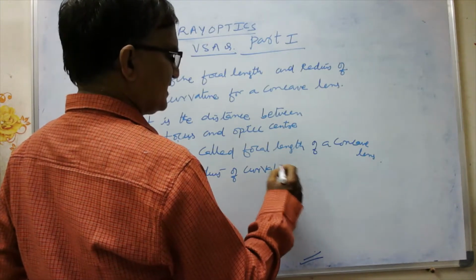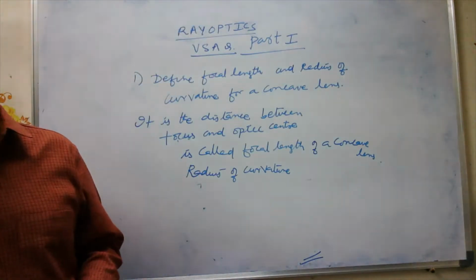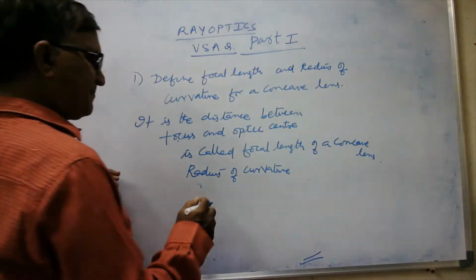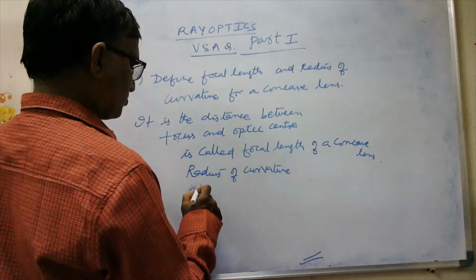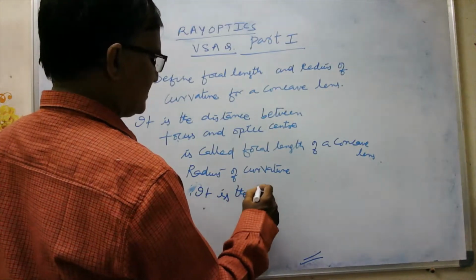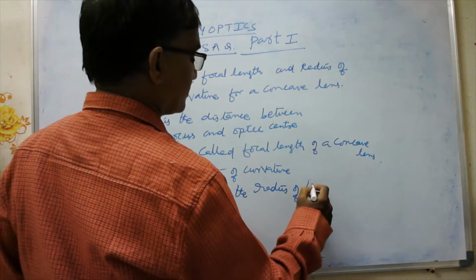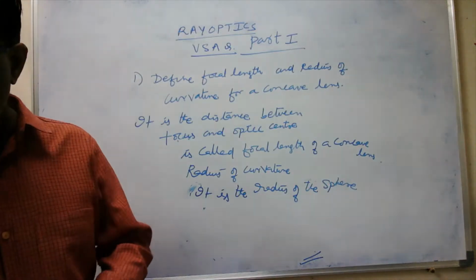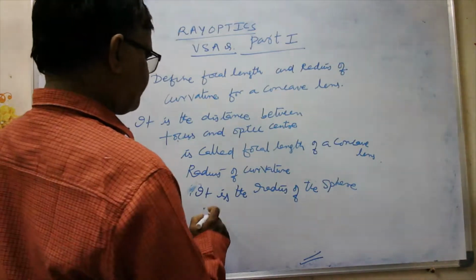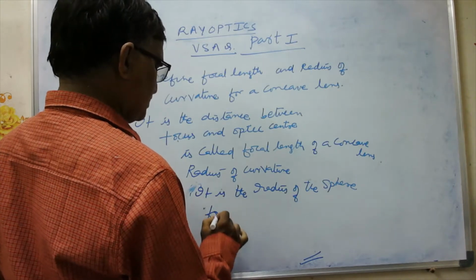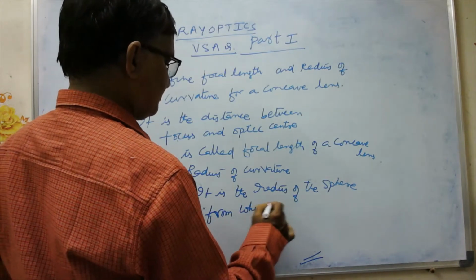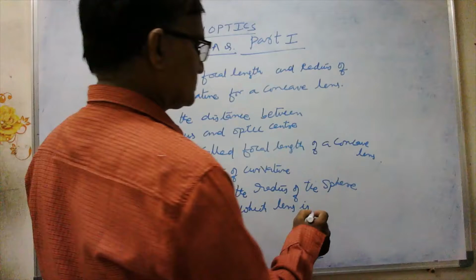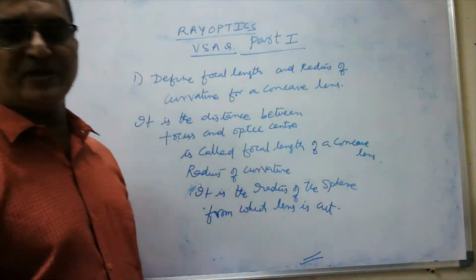It is the radius of the sphere from which the lens forms a part, or from which the lens is cut. Anything, same, conveys the same meaning. Okay.